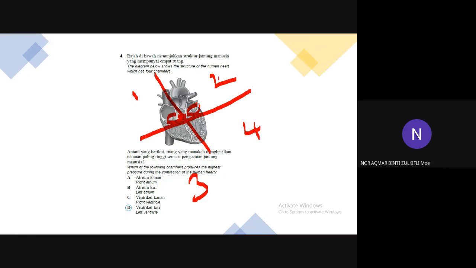The top one we call atrium or atria. The bottom one we call ventricle. So this is your left side, this is your right side. It produces the highest pressure. Highest pressure means the thickest one, the thickest muscular wall. So 4 is the left ventricle. This is the answer.